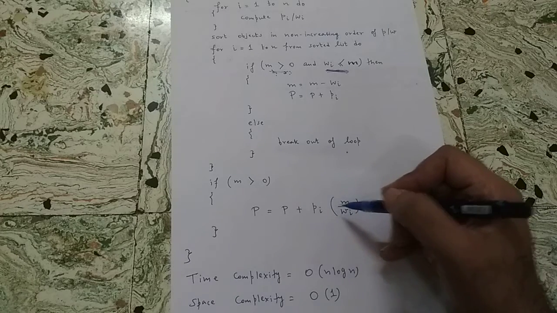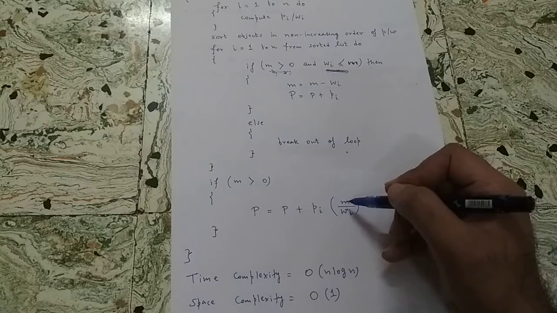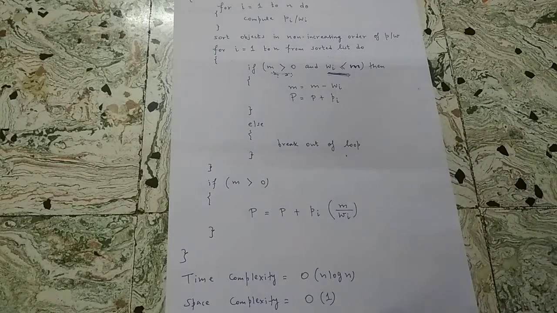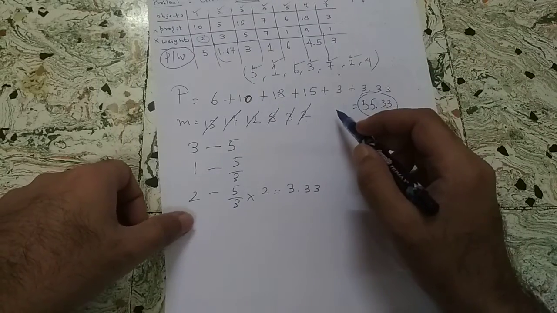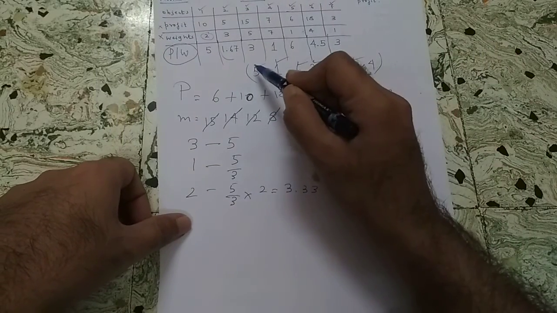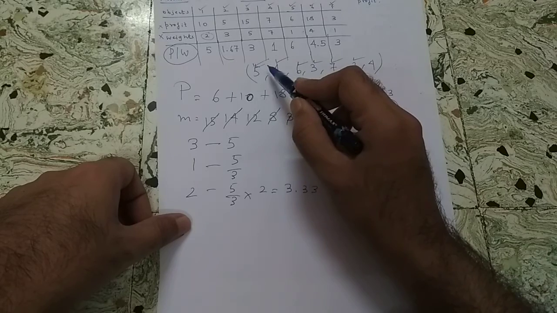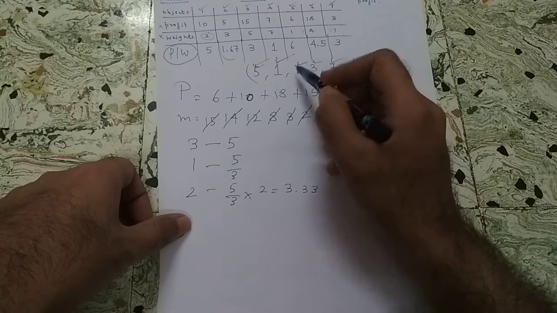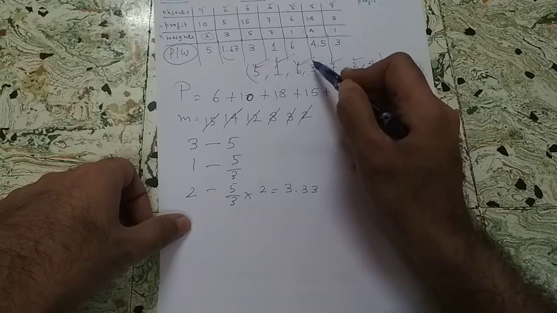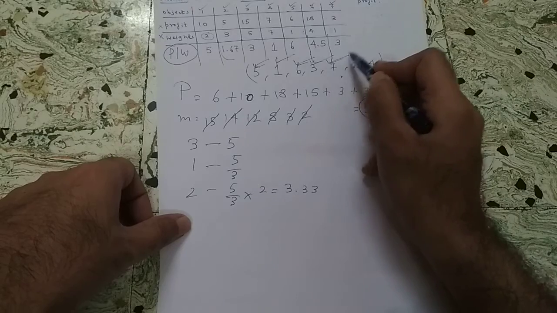So that's why you apply this. You take the fractional part. If you remember from the example that we did, I'll show you the example so that you can recollect. See here, we were choosing object 5, we took object 5 in its entirety, object 1 in its entirety, entire instance of 6, entire instance of 3, entire instance of 7.